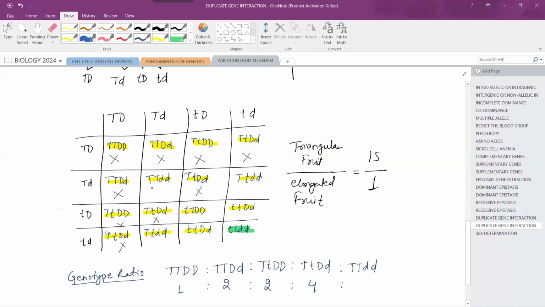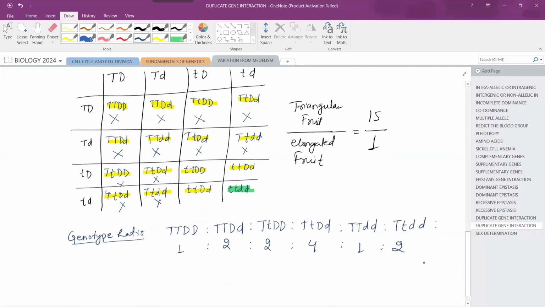Again, 1, 1, 2. This is the one, and next, only 1. Capital T, small d, and this one, 1, 2.